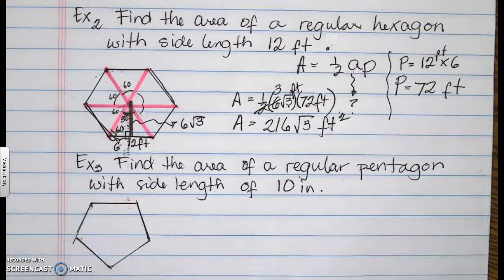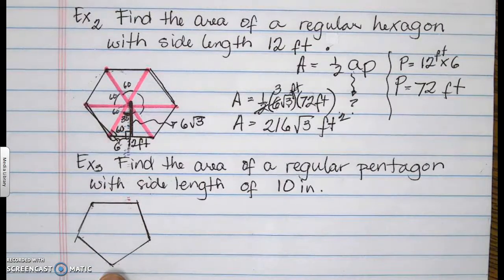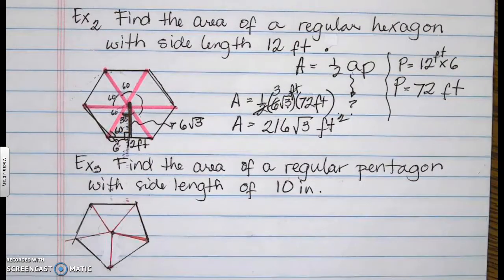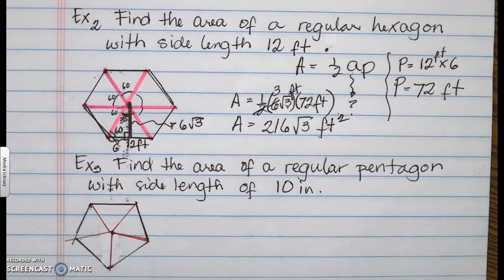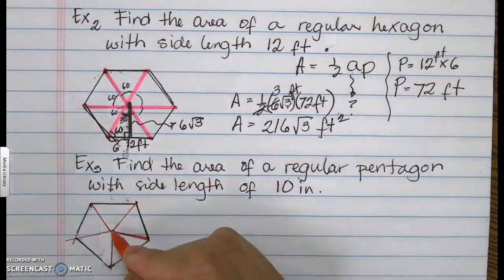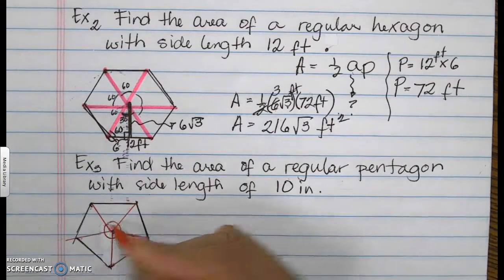For our third and final example, find the area of a regular pentagon with side length of 10. So what we're going to do is try our best to cut this into 5 equal triangles. So I cut my pentagon into 5 equal triangles, which will be 360 degrees. This whole thing is 360 degrees.